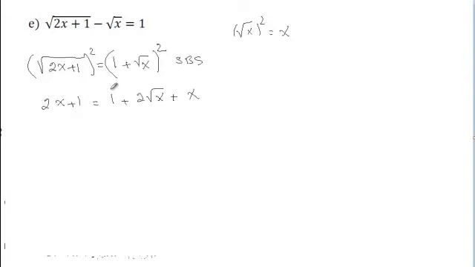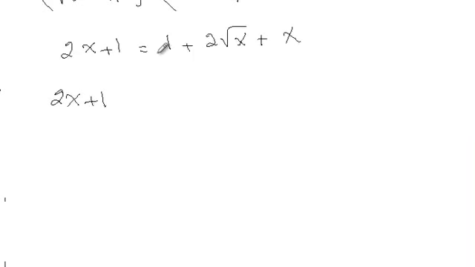We take the x's and numbers to the other side and we leave the radical on one side. So here we have 2x + 1. Plus 1, take it to the other side, you get minus 1. Plus x, take it to the other side, you get minus x, equal to √x. Now let's simplify. 2x − x, you get x. Plus 1 minus 1, 0, is equal to 2√x.